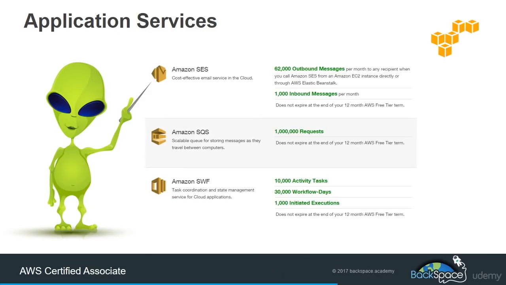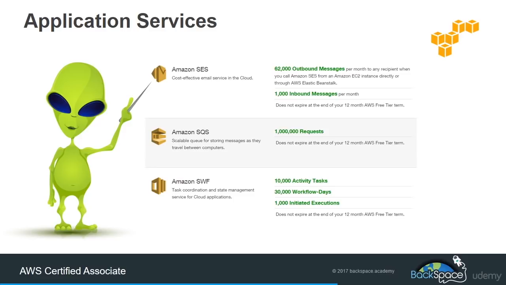In the application services, they operate a little bit differently on the AWS free tier in that they don't expire at the end of that 12-month period. So when we look at these services, SES, SQS and SWF, that we'll be using within this course, those services won't expire after the 12-month free tier.